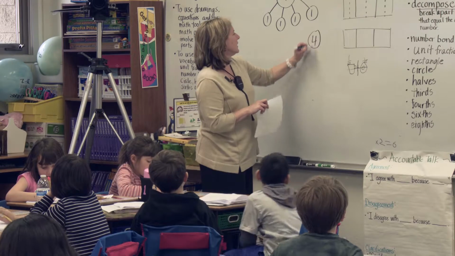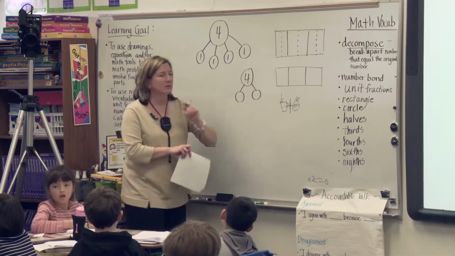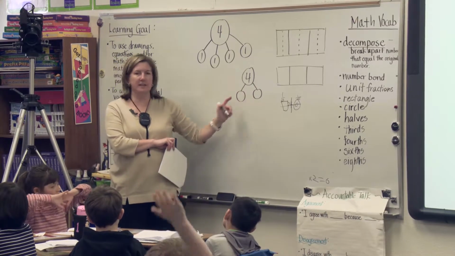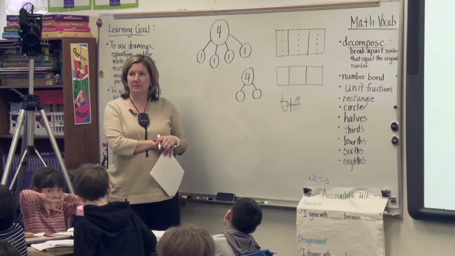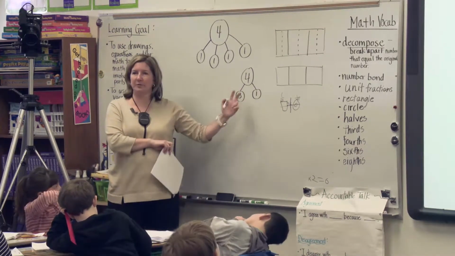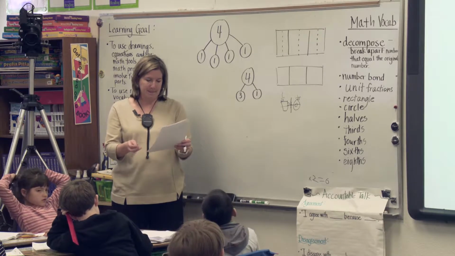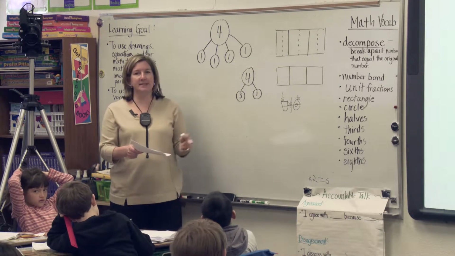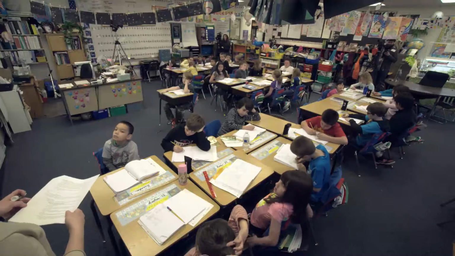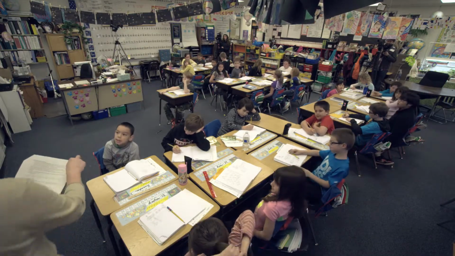All right, so if we did that, what would go in each of these? 3 or 1, or I could have reversed them, correct? Yes. Or you would put 2 and 2. I couldn't put 2 and 2 because I said in your decomposing you had to have 3 and 1, and 2 would not work because that is not the same as 3 and 1.